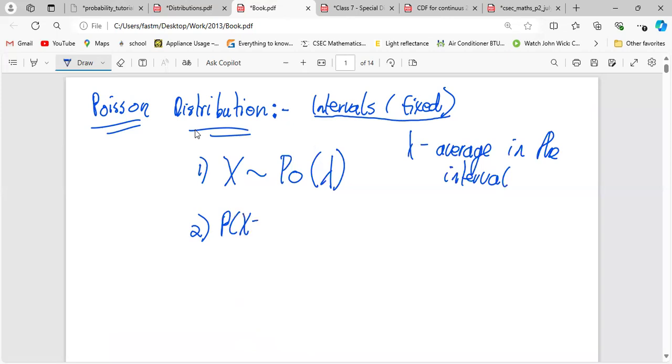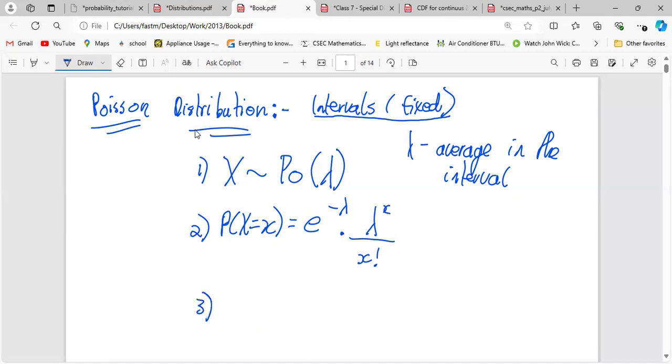Next is the probability distribution function equation. It's e to the minus lambda, times lambda to the x, over x factorial. That is where you get the PDF from. But remember, it's discrete, so it exists at specific points.